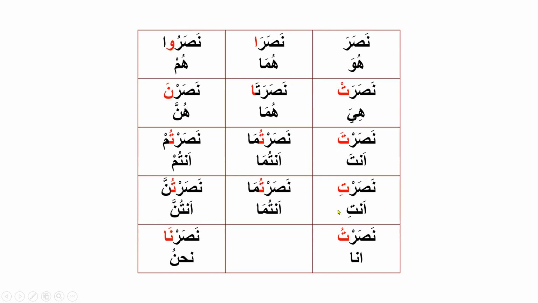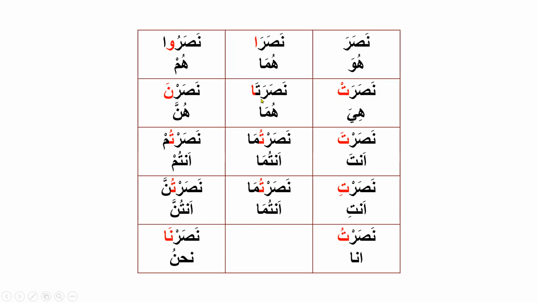So it is very important that you focus on all the harakat that you are putting. Here, Nasarat. Look at this dhamma. It is very important to remember that here we are going to use a sukoon on the last letter. Huma Nasarata.